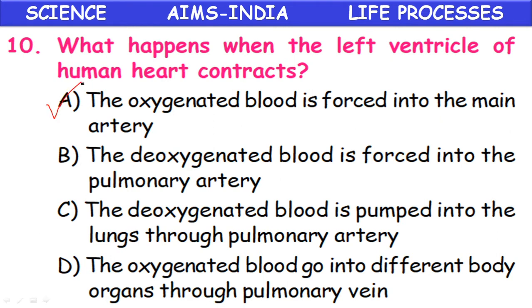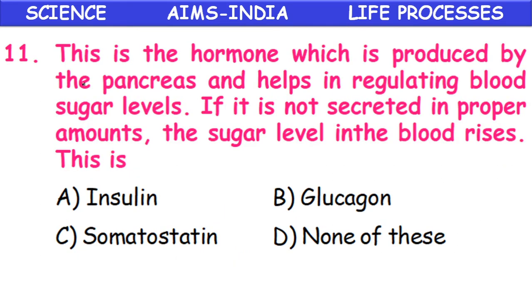Always remember the right chambers are filled with deoxygenated blood and the left chambers are filled with oxygenated blood. So when the left ventricle contracts, the blood vessel arising from it, the aorta or systemic artery, distributes the oxygenated blood to all parts of the body.